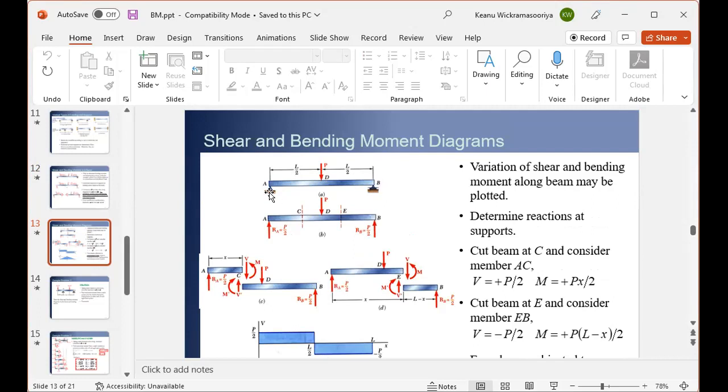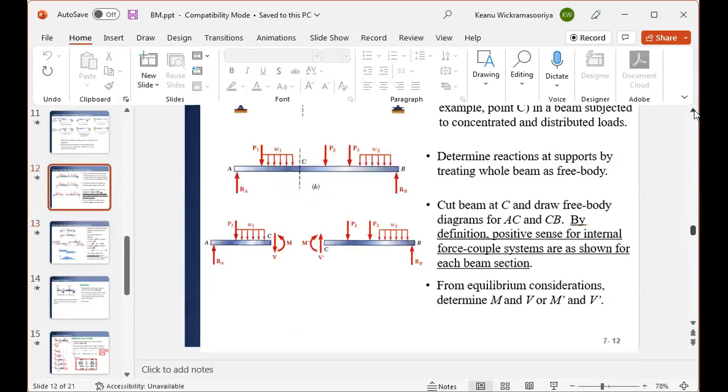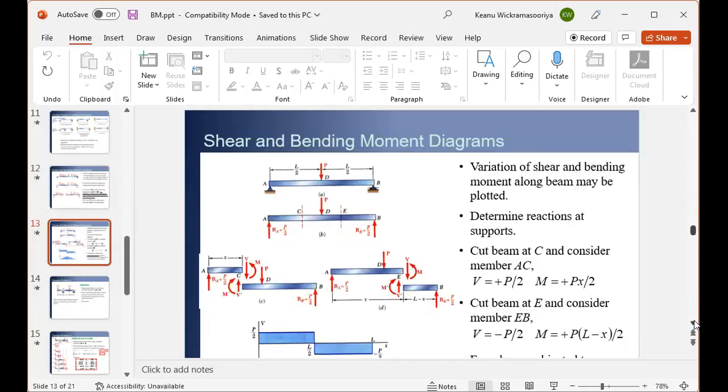It is simply supported. One side is a knife edge and the other one is a roller support. And the load is acting at the center point. As you can see, this is L/2 and this is L/2. Now your task is to find the shear force and the bending moment throughout the beam.